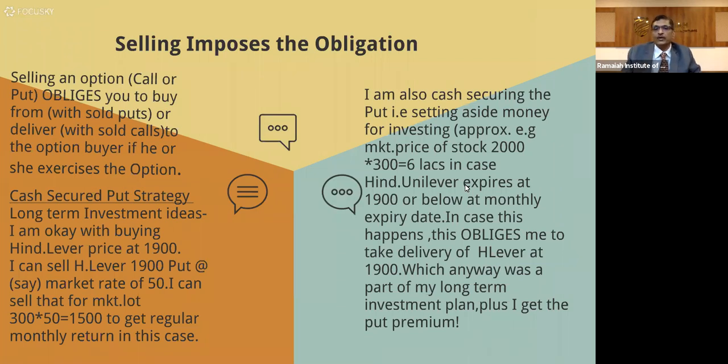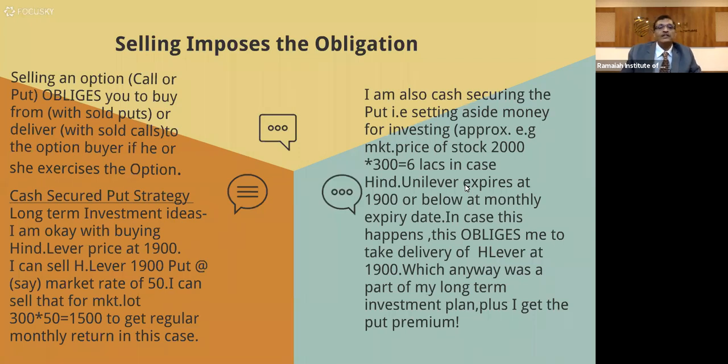And how much money do I spend? 6 lakhs. Not exactly 6 lakhs, right? It is 6 lakhs less the premium because I already got 1500. It could be more also. So my net price of Hindustan Lever, which anyway I had plans to buy at 1900, I'm getting cheaper, right? This was a part of my long-term investment plans, plus I get the put premium.